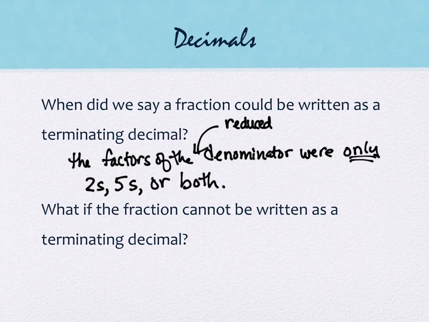So what if the fraction cannot be written as a terminating decimal? So it has something that's not a 2 and it's not a 5 in there, and 1 doesn't count either. 1 doesn't give you anything new, right? So it has a 3 in the denominator, or a 7, or an 11, or a 13, or something like that. It has some other number that's prime that's not 2 or 5.